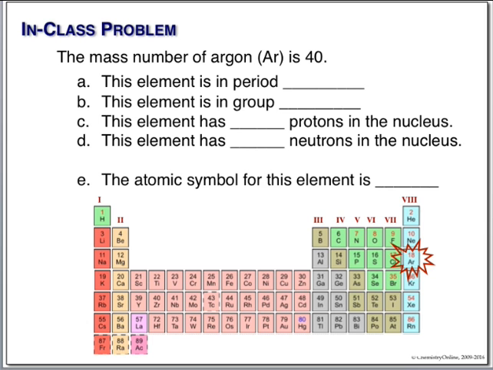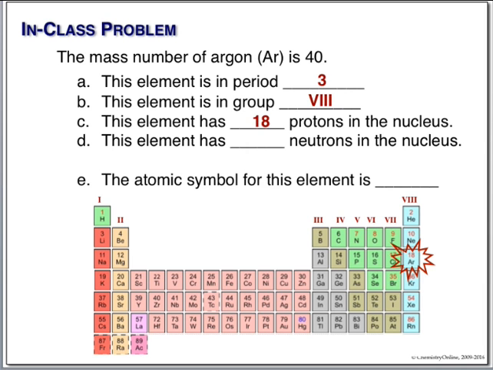All right, first of all, let's do A. What is our period? Well, that's simple. We're 1, 2, 3, right? What group are we in? All the way over here for group 8. What's our atomic number? 18. So how many protons are in the nucleus? 18.